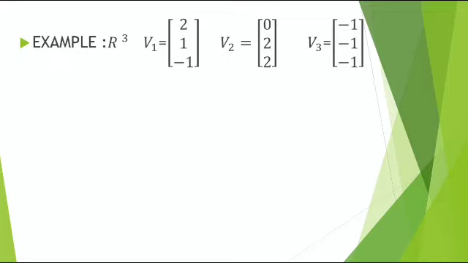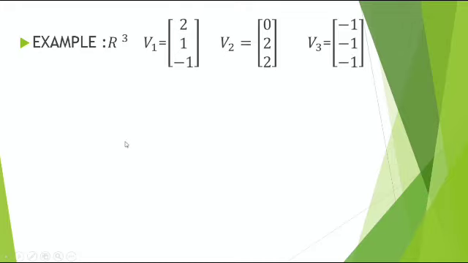As an example, let's take 3 vectors: 2, 1, negative 1; 0, 2, 2; and negative 1, negative 1, and negative 1.